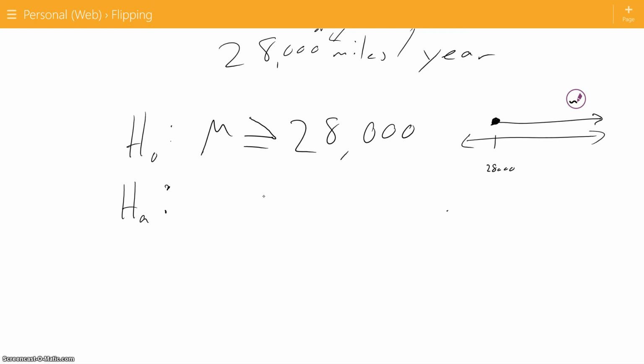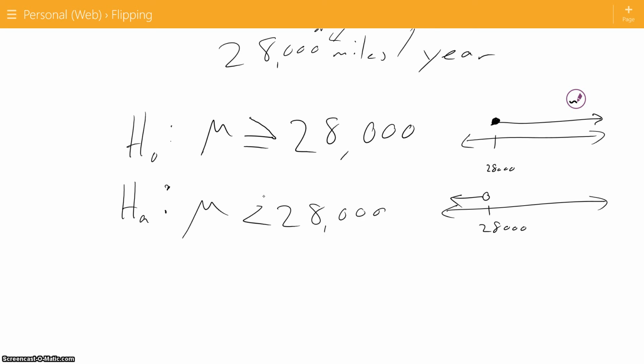So our alternative hypothesis has to go, again, 28,000, and we can't include 28,000 because that's part of our null. So it's got to go off that away so that we've got no overlap. These have to be mutually exclusive. So in this case, we would write what? Mu is less than 28,000. All right.